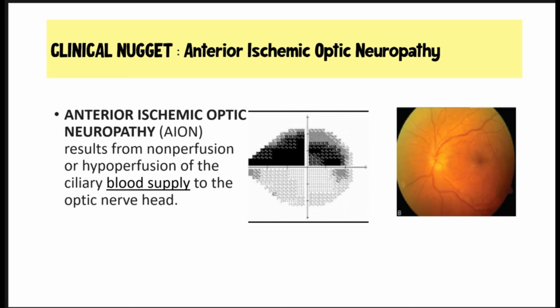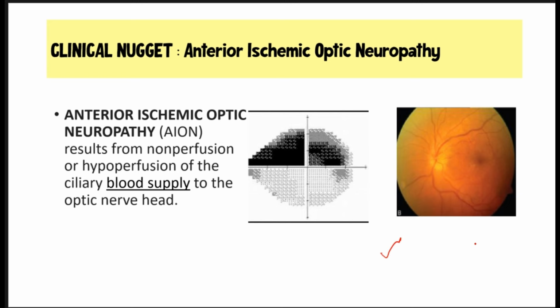Now this would be a very important time to discuss a clinical nugget on anterior ischemic optic neuropathy. The anastomotic ring that we discussed, which forms the circle of Zinn, can be divided into a superior portion and an inferior portion by the entry points of the medial and lateral short ciliary arteries which are forming it.